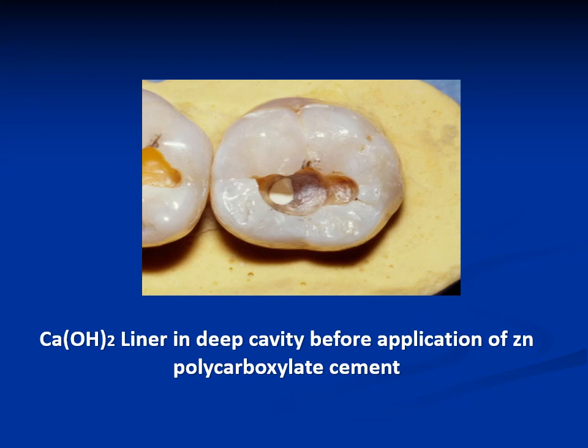Why? To allow this type of cement to bond to the dentine. If we put the calcium hydroxide over the whole floor of the cavity, the cement will bond to the calcium hydroxide, not to the dentine. So we omit the property of bonding.